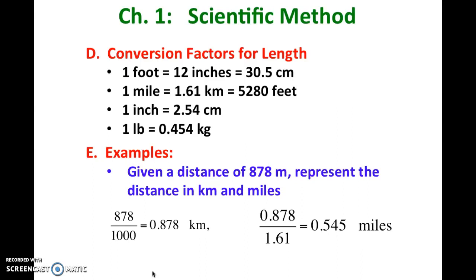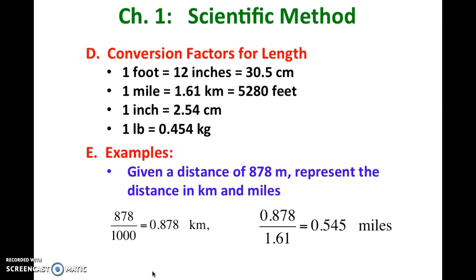In general, when converting units from left to right, we multiply by the factors. Converting units from right to left, we divide by the factors.